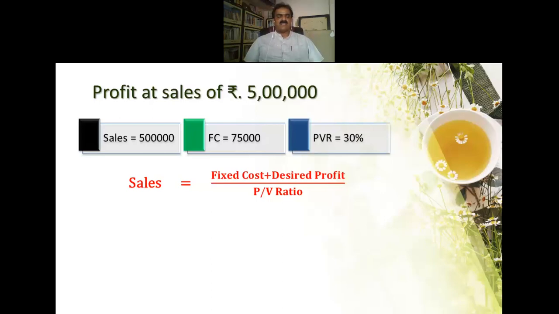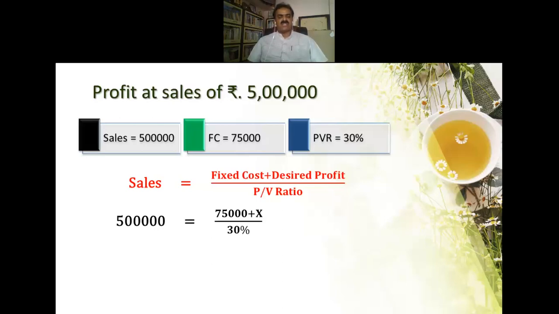If that is the case, how do we calculate the value of profit? Just by substituting the values in sales equals fixed cost plus desired profit divided by PV ratio, sales value is given as 5 lakh rupees, that is to say estimated sales. Fixed cost we already know is 75,000, and the amount of profit we need to calculate, let us assume X, over PV ratio of 30%.